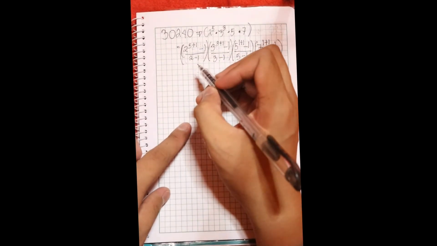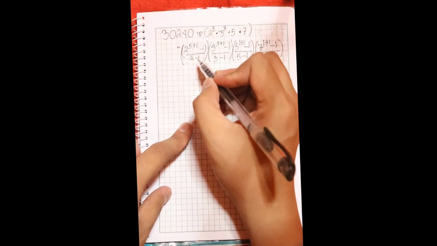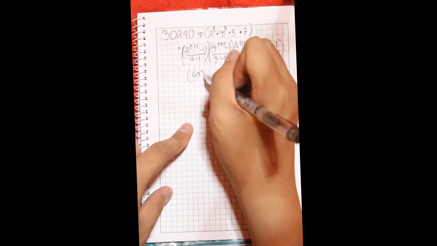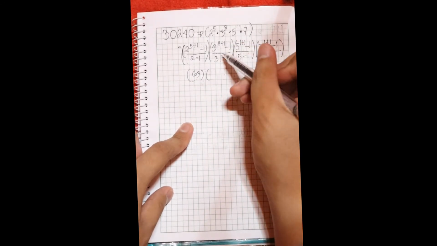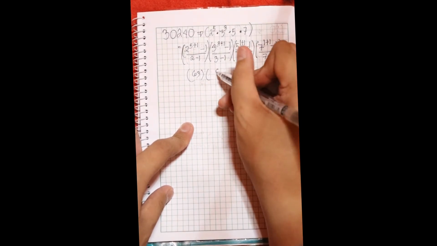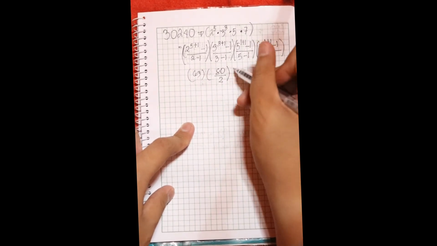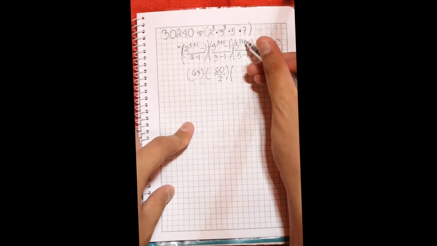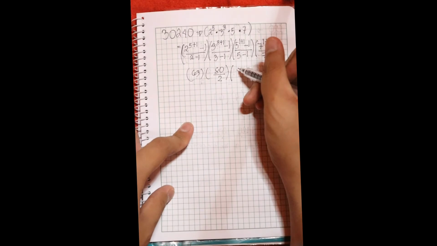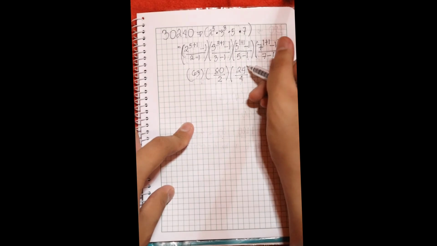So now, let's get its value. 2 raised to 6 minus 1 divided by 1 is 63. Next, 3 raised to the 4th power minus 1 is 80 divided by 2. Next, 5 squared minus 1 is 24, all over 5 minus 1 is 4.